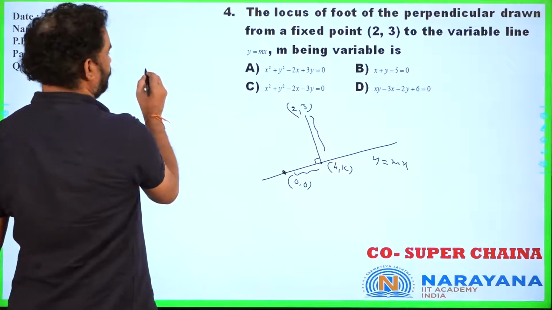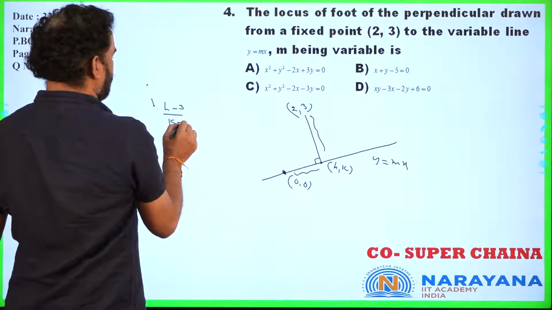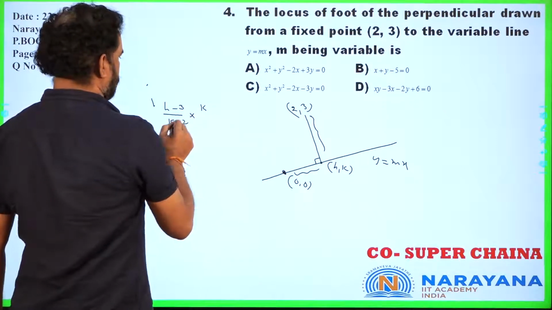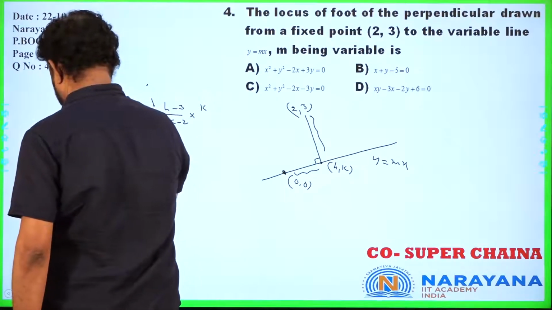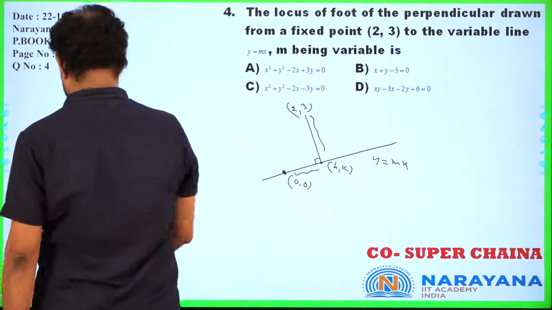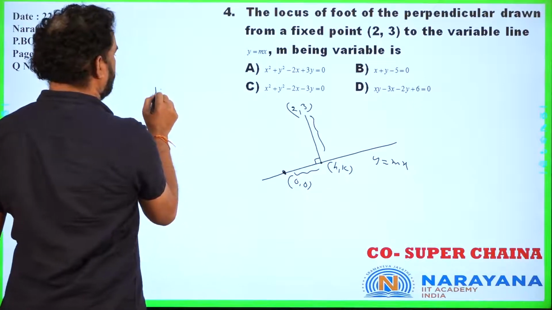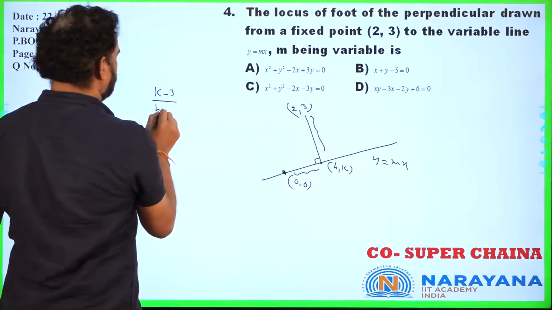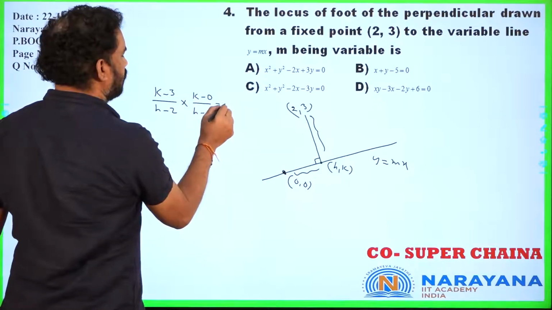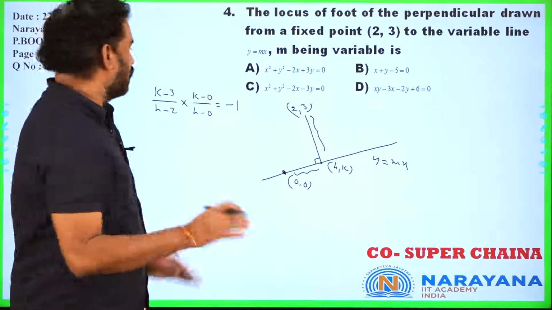What is the slope of this line? (k minus 3) by (h minus 2), into the slope of this one, (k minus 0) by (h minus 0), is equal to -1, because both lines are perpendicular to each other and the product of the slopes is -1.